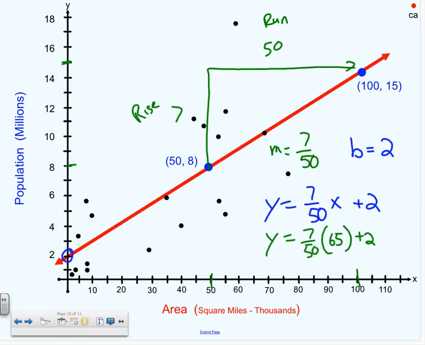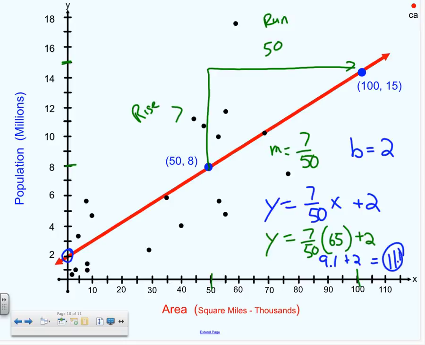So if I do that math, I end up with 9.1. Okay, so 7 over 50 times 65 is 9.1. And then if I take that 9.1 and add 2, I end up with 11.1.